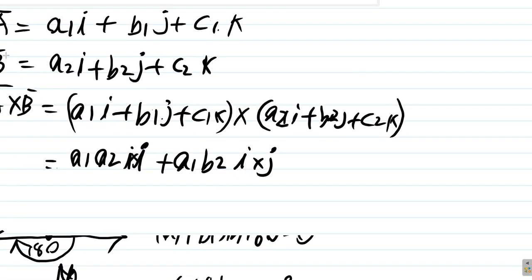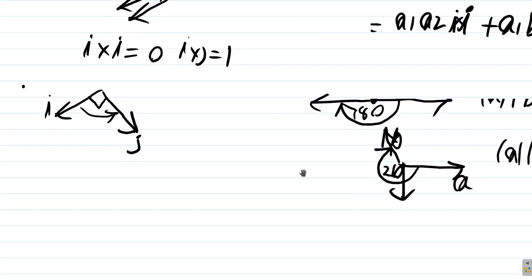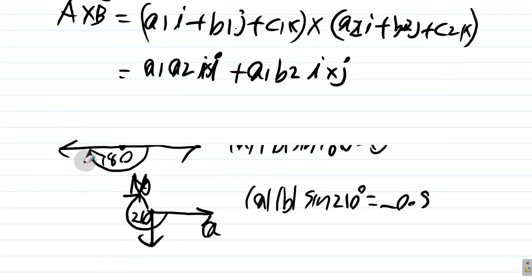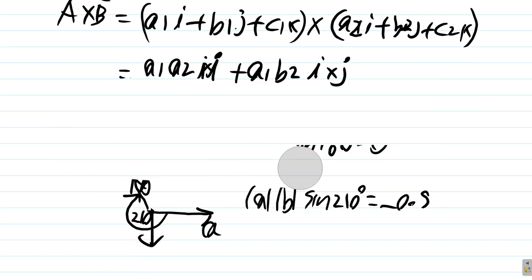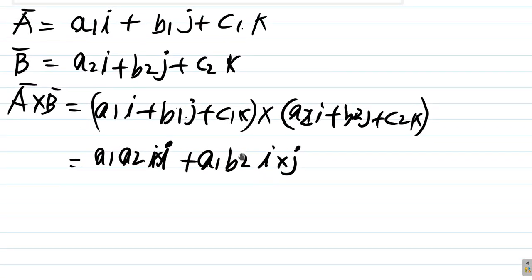Alright. Now, later on, we're going to assign these values to them. But we want to write them out first. We just wait until we multiply all of them out and then write them out. So what we have is A1, A2, i cross i, good.